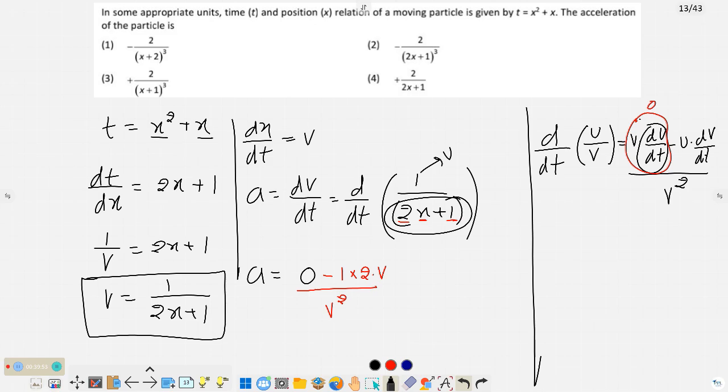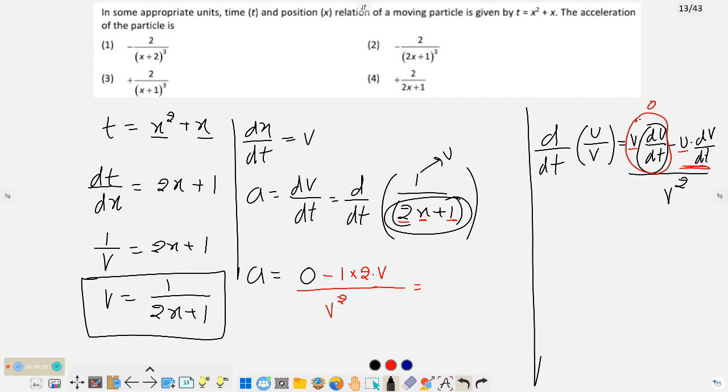Here we have to take care while doing differentiation.